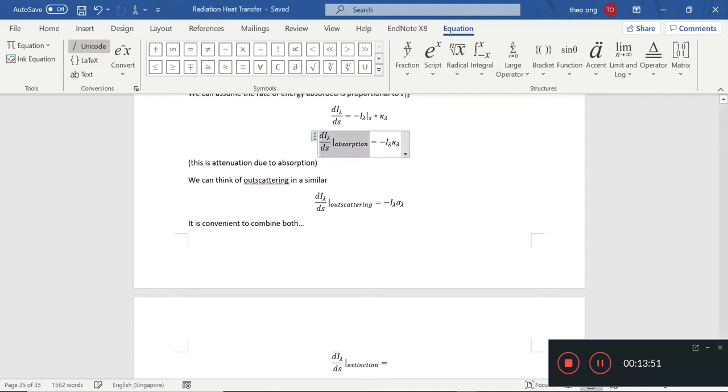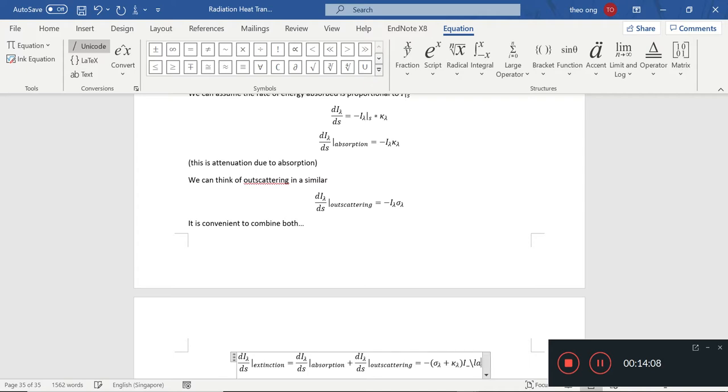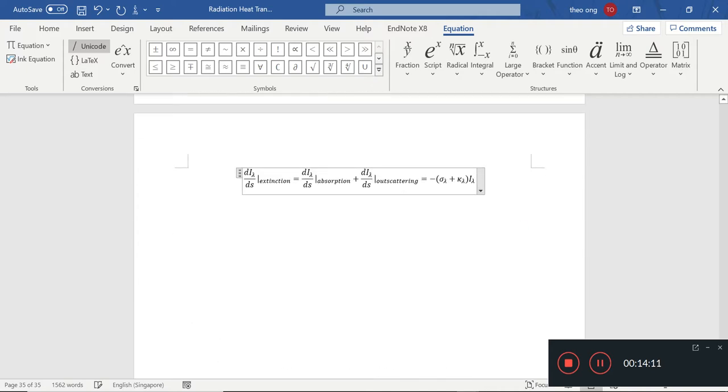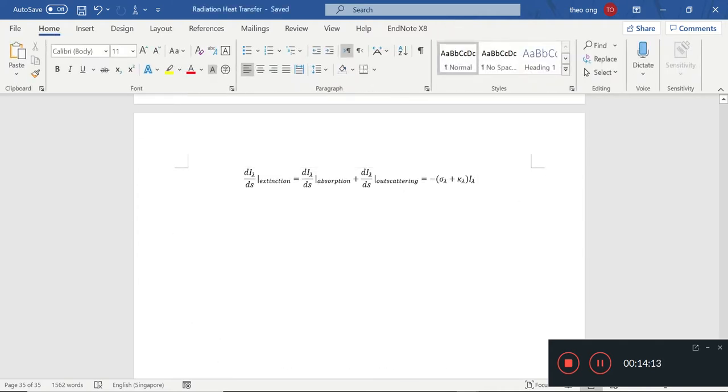So I have this together plus this, and that equals sigma lambda plus kappa lambda into I lambda. So these two, when they combine together, sometimes they call it beta lambda, otherwise known as the extinction coefficient.